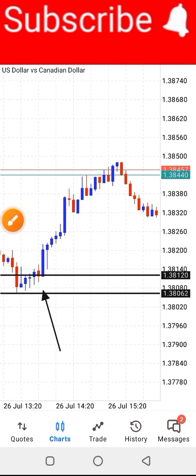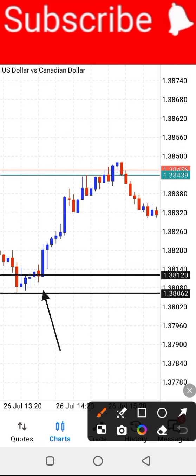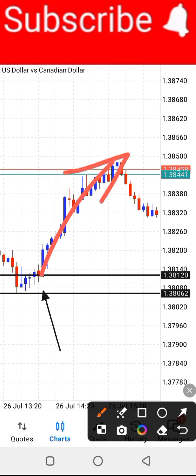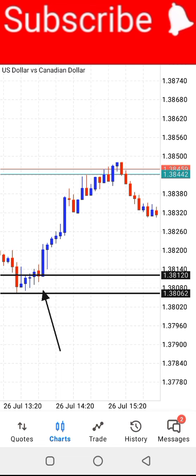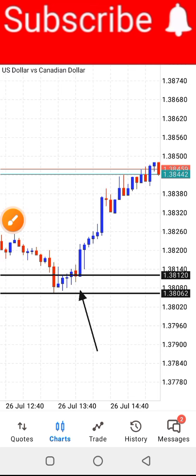So that bottom is always a point of interest for price movement. Price always wants to get to that extreme end in order to fill it up completely. When price got to the extreme end, it gave us the best trade, moving violently in the upward direction. And as it was doing so, it printed a new demand zone.